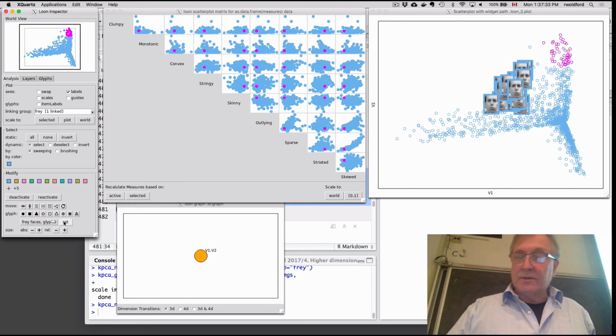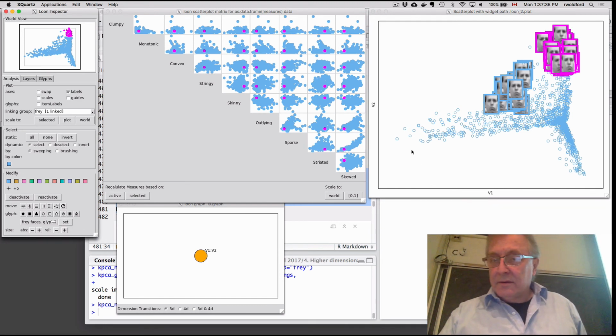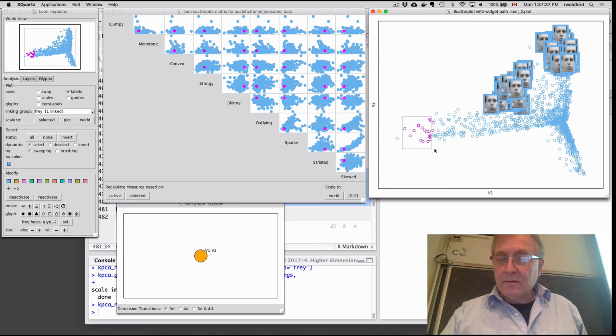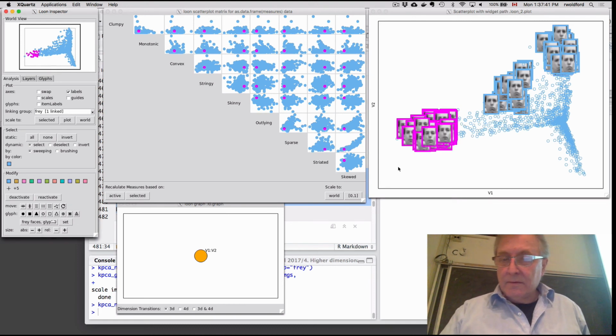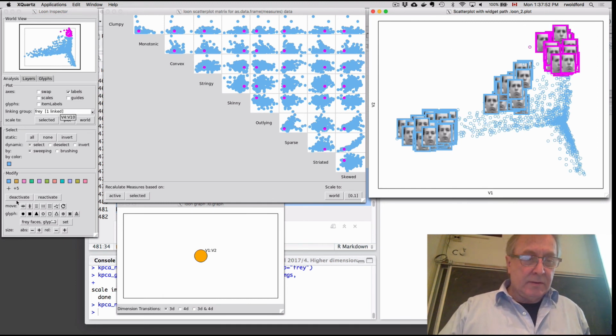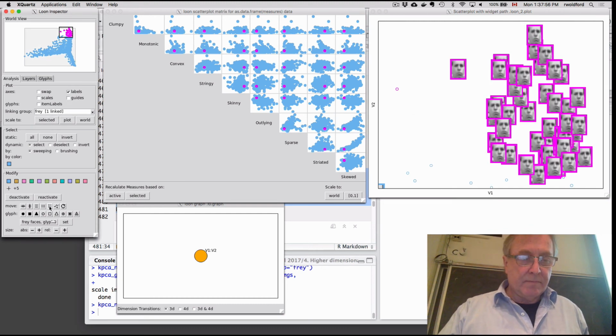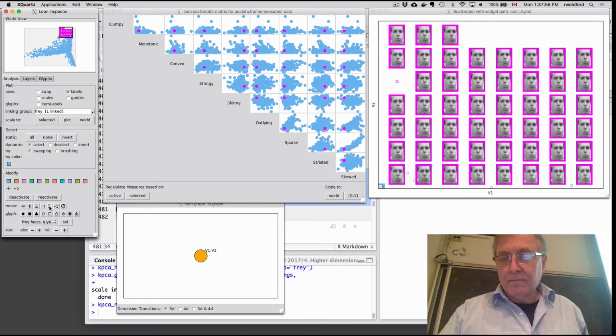So I don't know the answers here. I'm just looking at, thinking about this top half of the cloud. And there does seem to be some relationship here between the points. Okay.